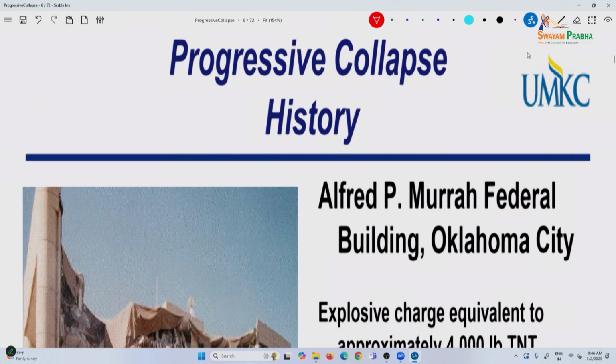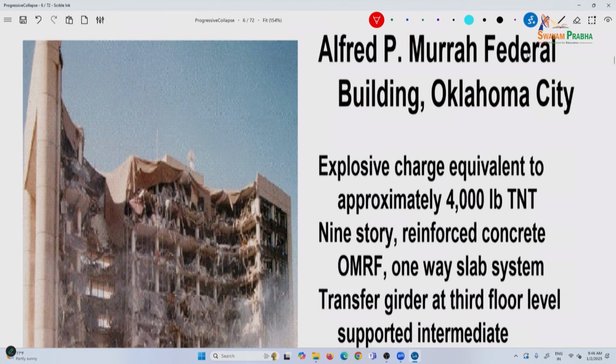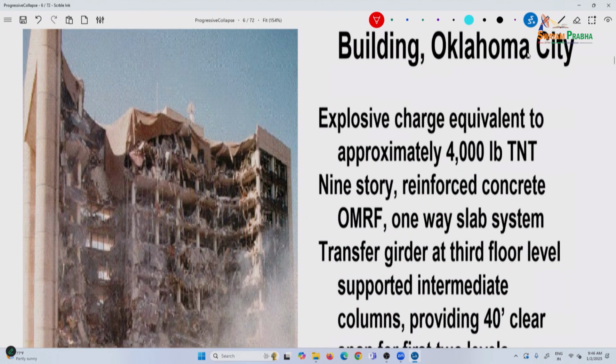Then the next one was the building I said is close to where I live in Oklahoma City. A significant amount of TNT. This was basically a pickup truck in the basement garage near one column.